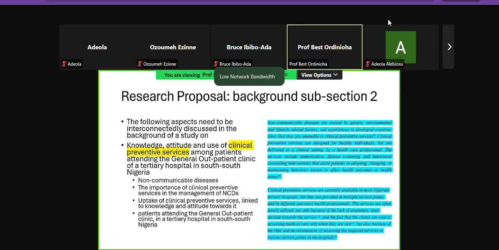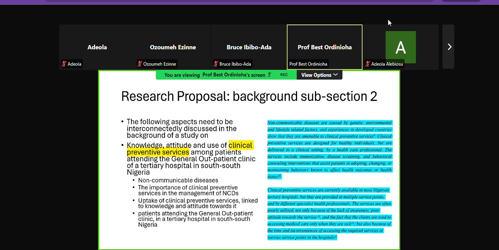The main problem is the non-communicable diseases. So you can talk about non-communicable diseases, and then you can now bring in the importance of clinical preventive services.